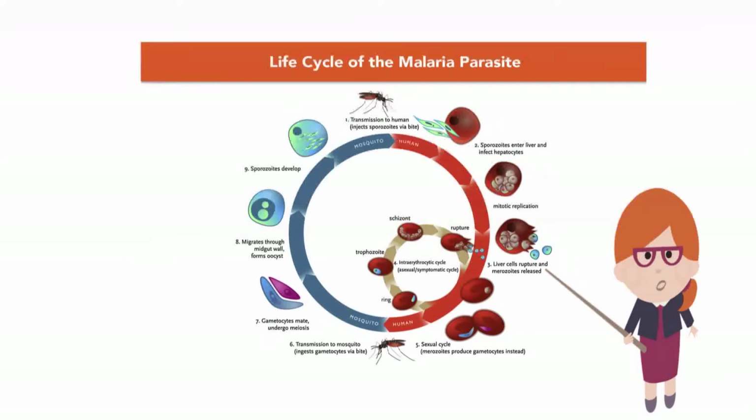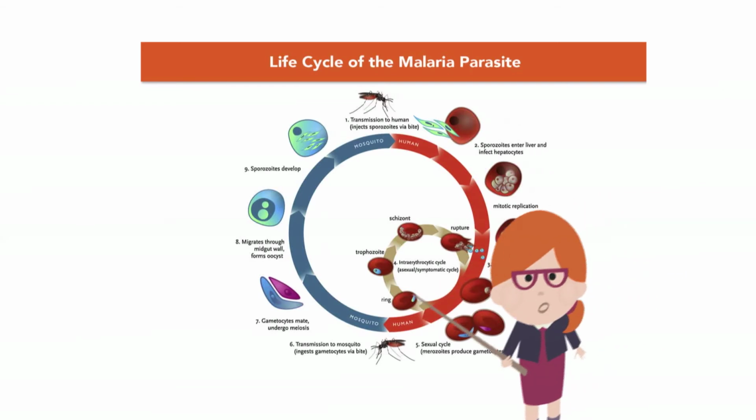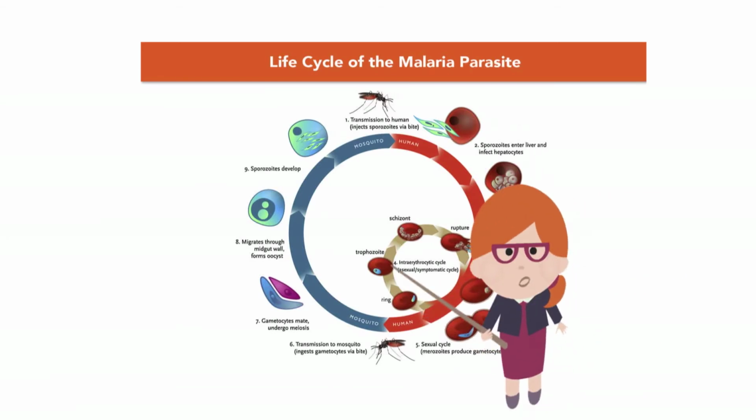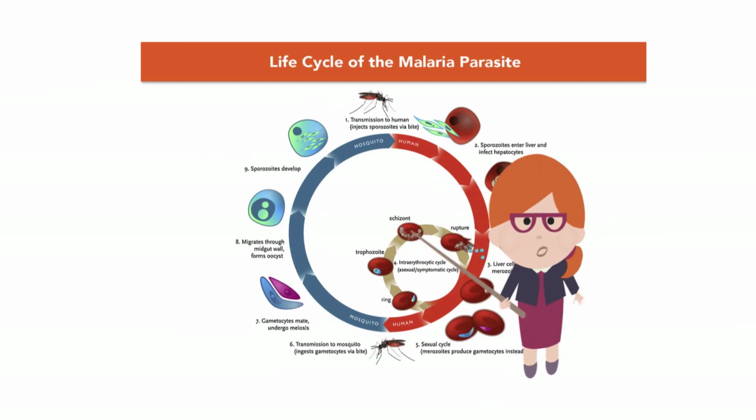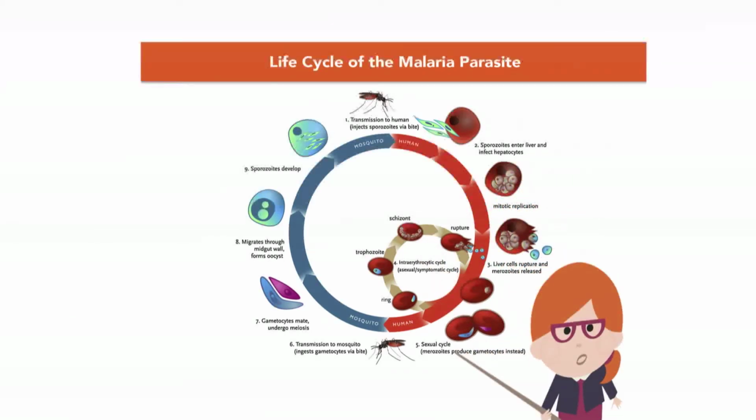Once inside the red blood cells, the merozoites replicate again asexually, mitotically, progressing through a set of stages: ring, trophozoite, and schizont. Number 5. The schizonts then rupture the infected red blood cells.